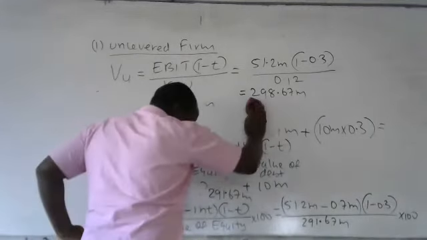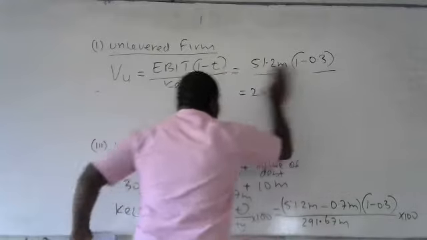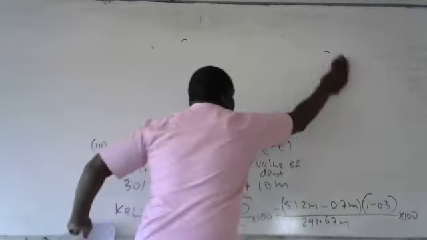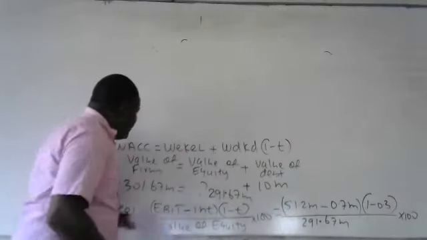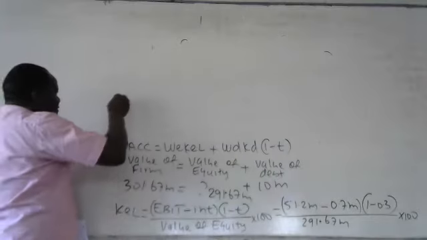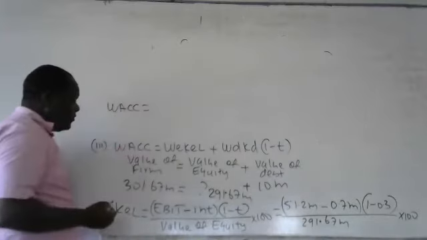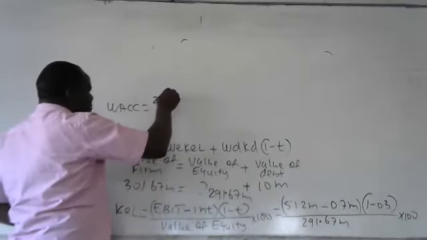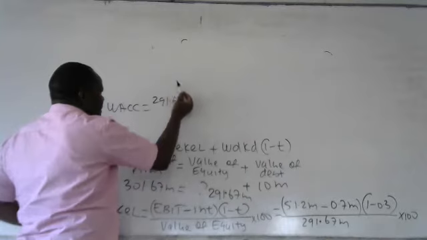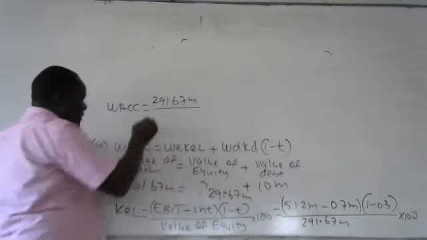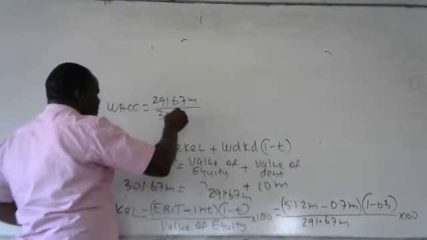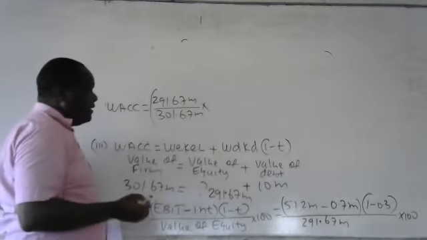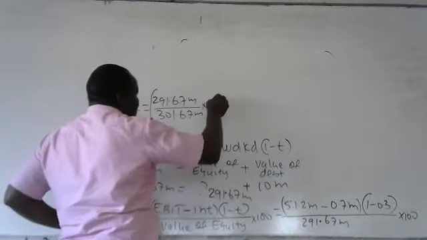So now to get our WSCC, it should be equal to the weight for equity, 291.67, divided by the total, which is 301.67, multiplied by KEL, which is 12.12.